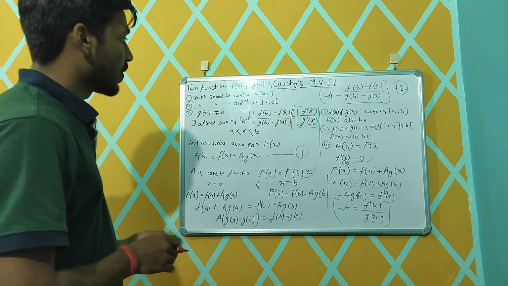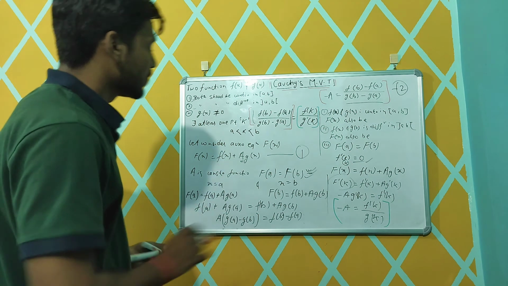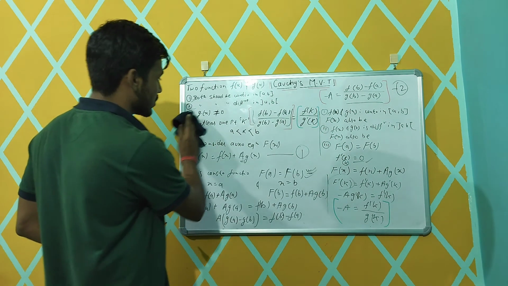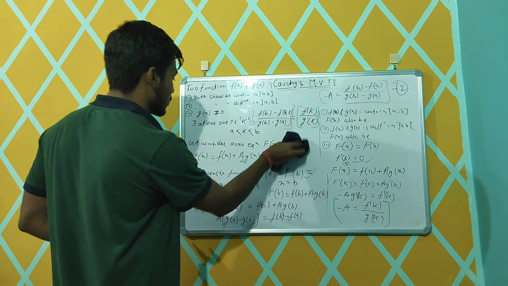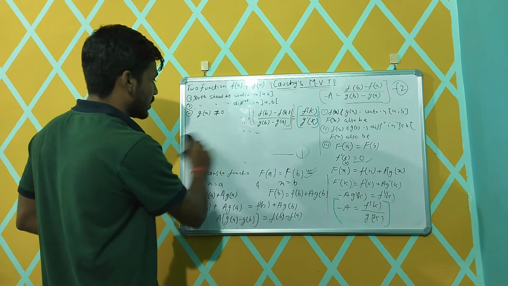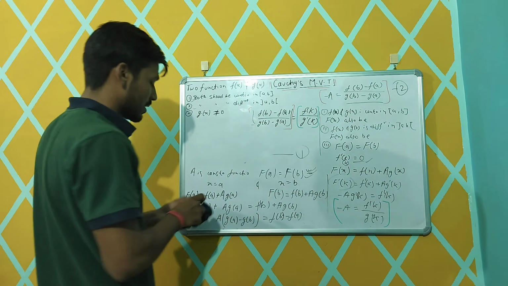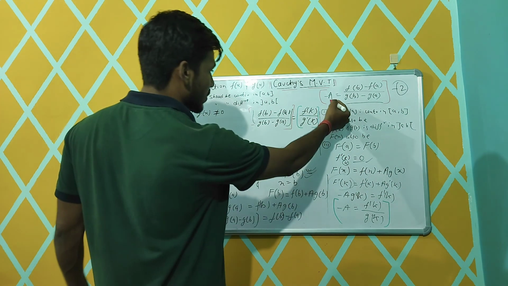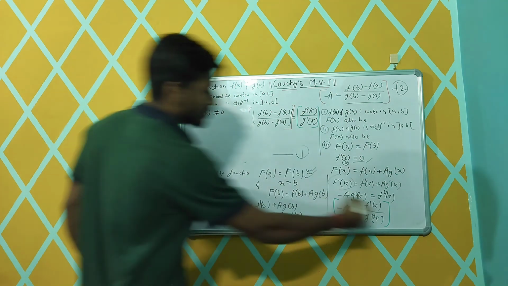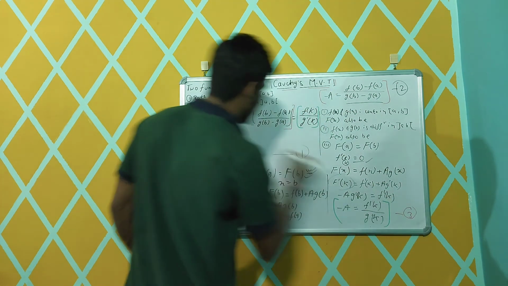So from here we just have to say that minus a and minus a are both equal, and this is equation three.